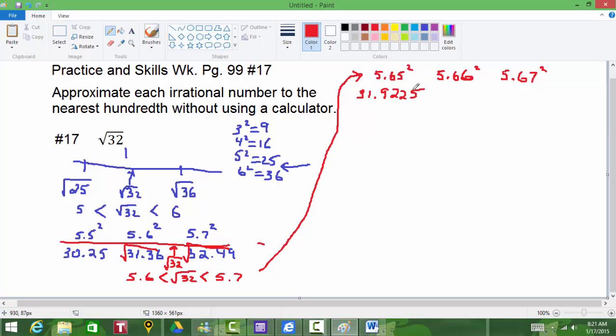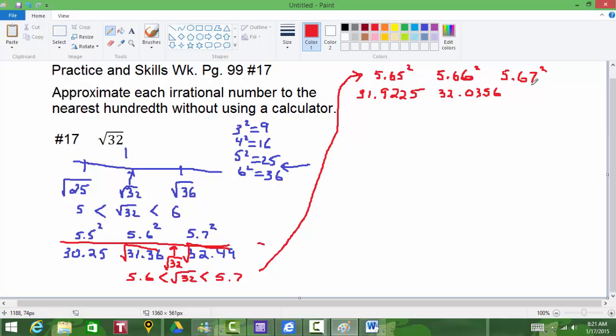Then I'm going to take 5.66 times 5.66, and if I do that, I'm going to get 32.0356. Okay. At this stage, we could actually stop.